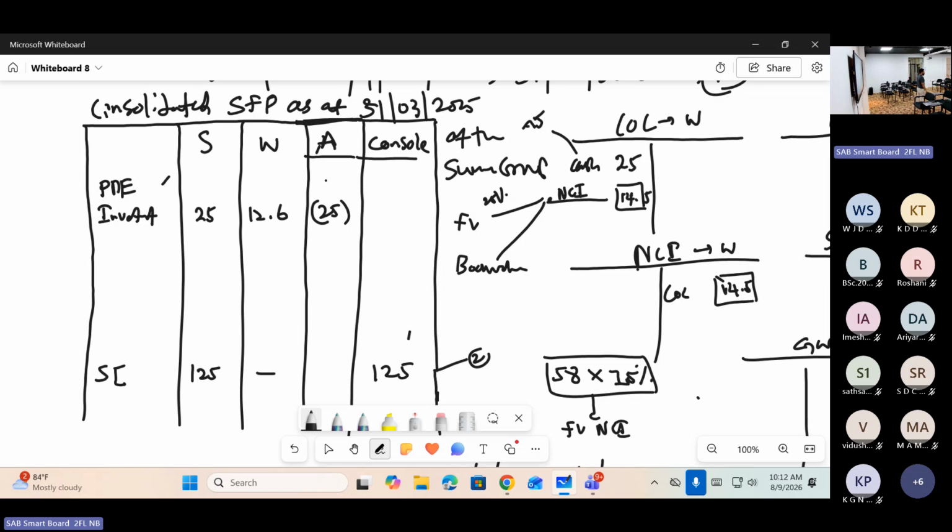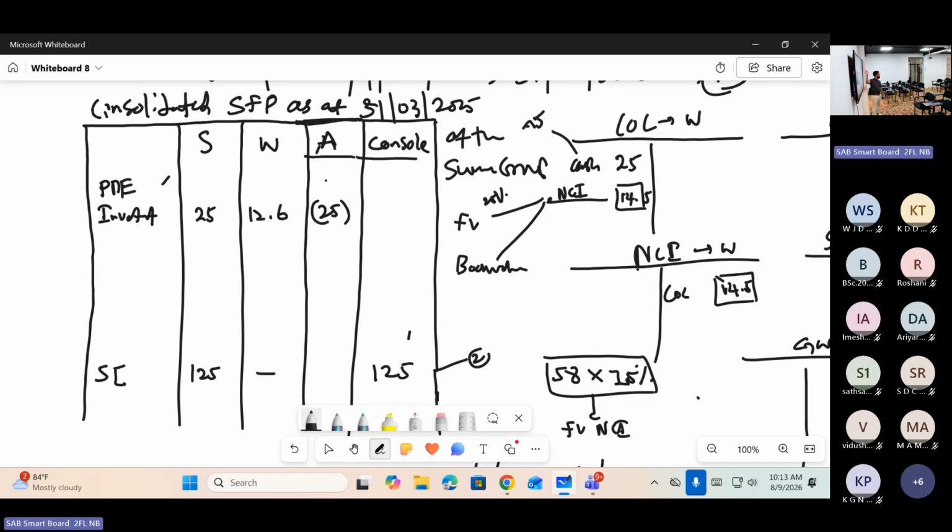What are they? Full goodwill method and the proportionate goodwill method. If we are using book value, proportionate goodwill: you are calculating goodwill only for the parent entity. If you are using the fair value of NCI, you are calculating goodwill for both NCI and parent. Full goodwill method, right?